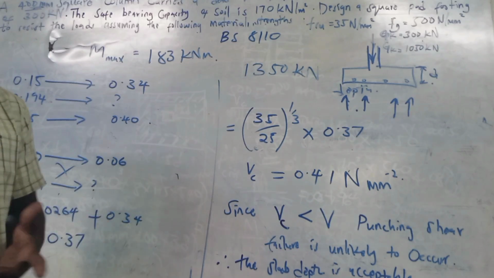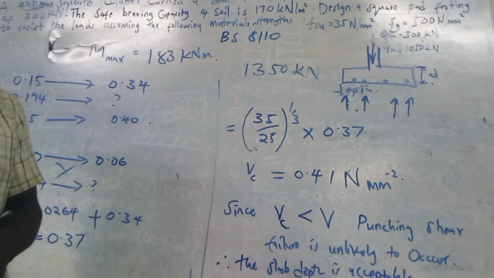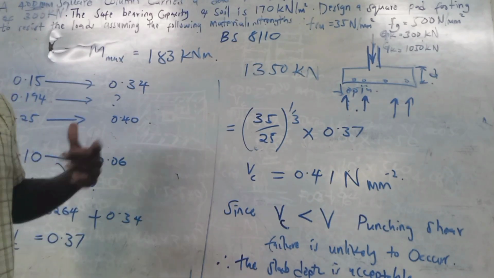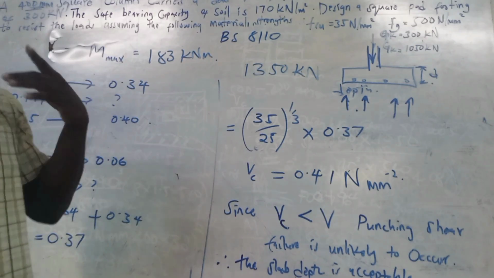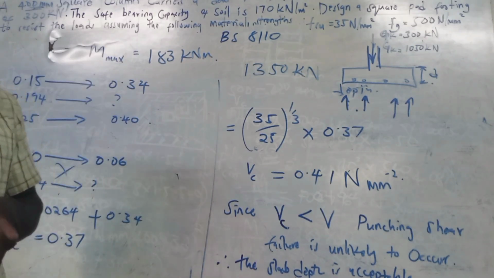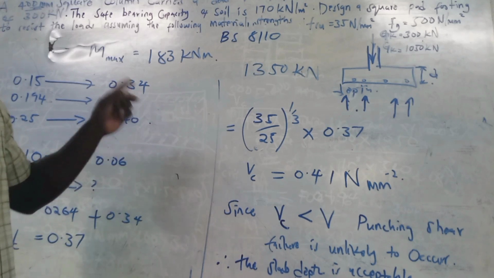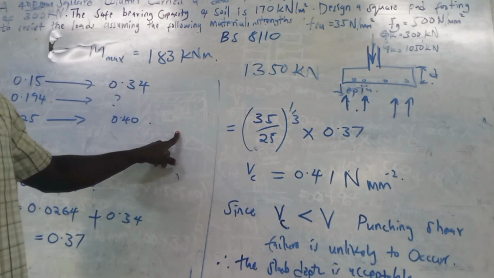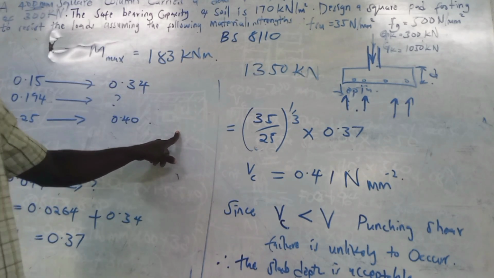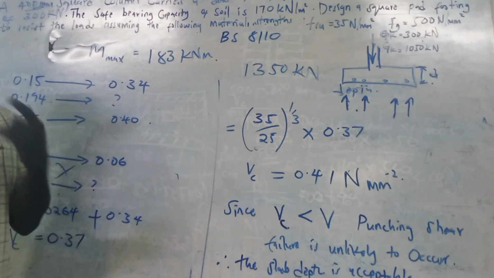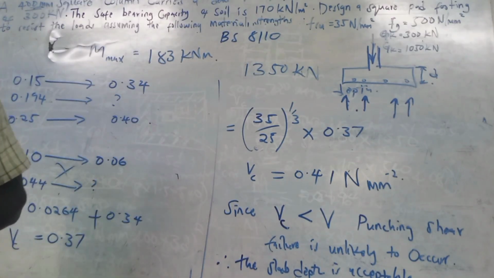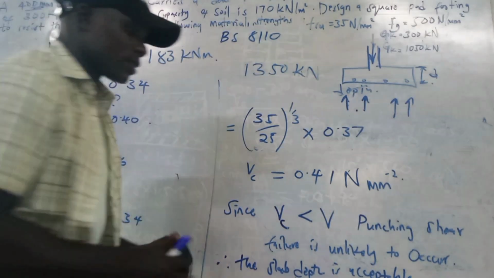So in this case, maybe we would have been left with two options. If the punching shear check failed at the critical perimeter that we had, we would have been left with two options.